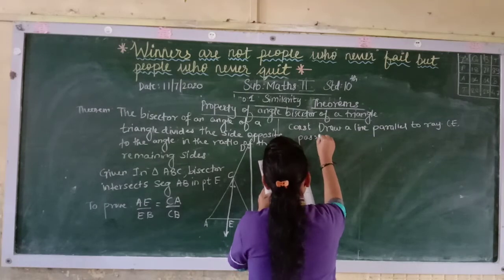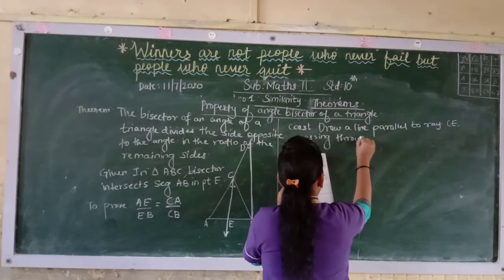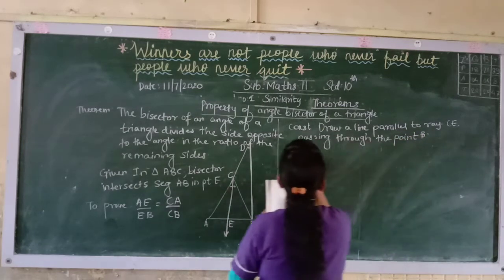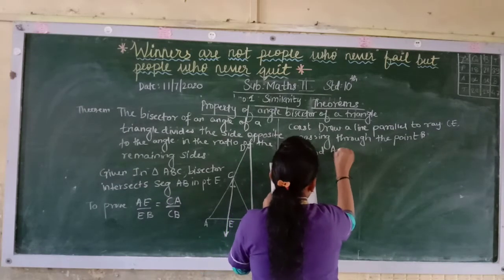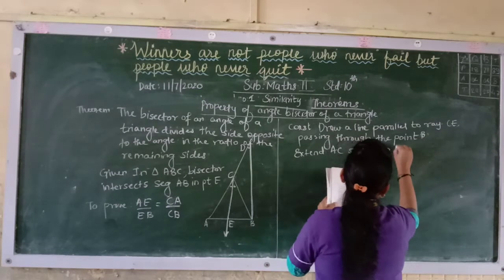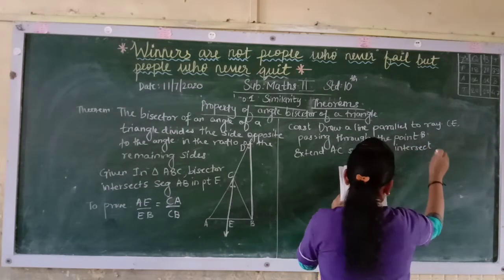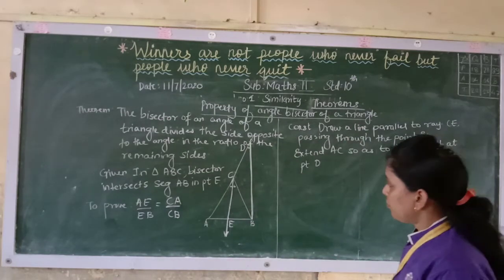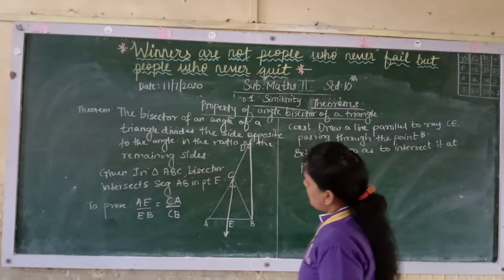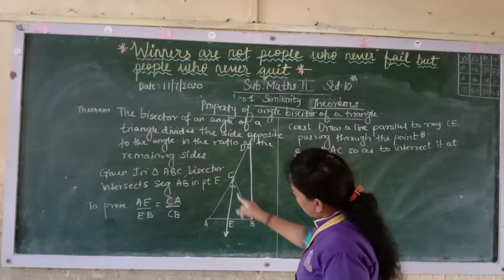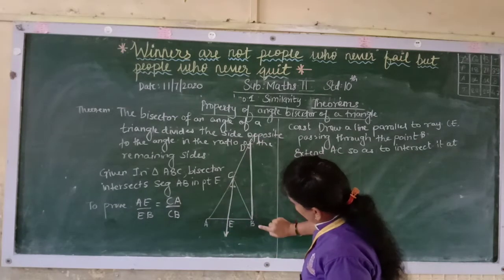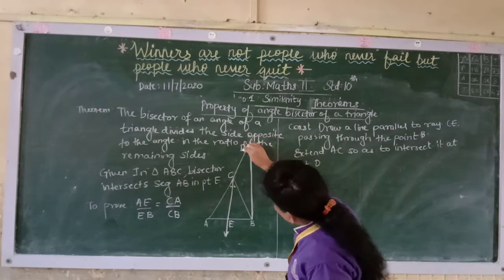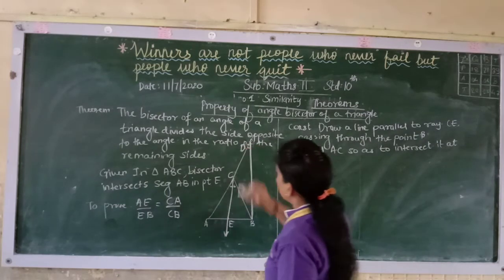CE passing through the point B. Further, you have to extend AC so as to intersect it at point D. Now see here, these two lines are meeting at D. So you have to draw a line parallel to CE, and then extend AC so that it will go and meet this line here at D. So when it is meeting here at D, now what will we do?